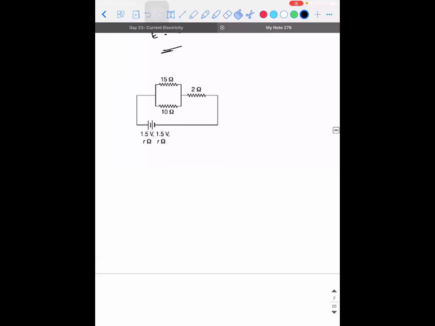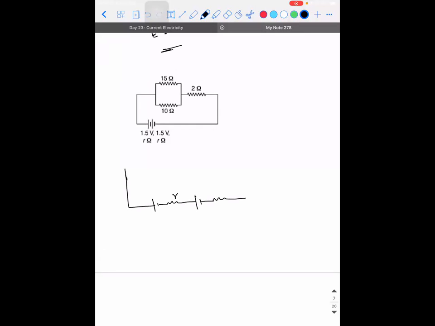Let's redraw. There's 1.5 volt with an internal resistance R, and there is another 1.5 volt with an internal resistance R. This is 15, this is 10, this is 2. It goes like this: 2 ohm, 15 ohm, 10 ohm.